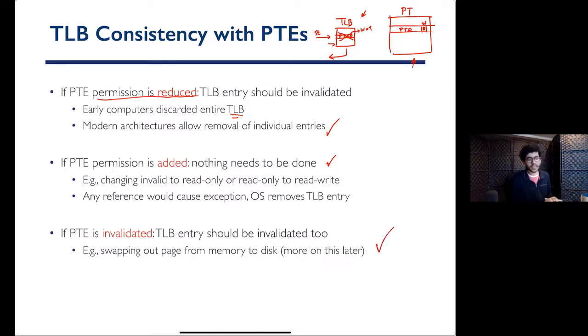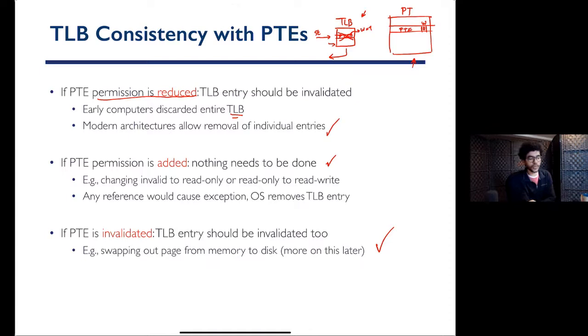What if you invalidate a page table entry? So let's say you had this page and then your memory got full, and then you had to swap this page to your hard disk. Now, when you swap this page to hard disk, this translation is no longer valid, because the corresponding physical page is no longer used for this virtual page since I have swapped it.